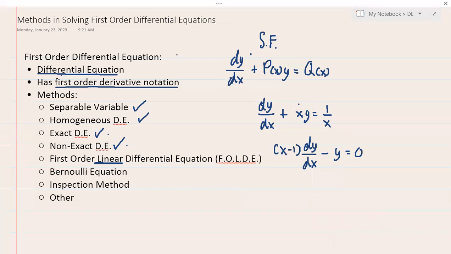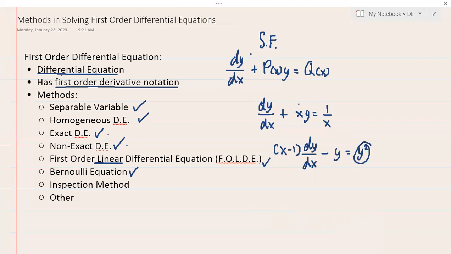Rather, kunwari on the second example, quantity x minus 1 times dy all over dx minus y, tapos on the right side meron kang y squared. So if you have another y variable at meron siyang specific na exponent dito, which is not equal to 1, by the way, then ang gagamitin mo rito ay Bernoulli equation or Bernoulli's equation.